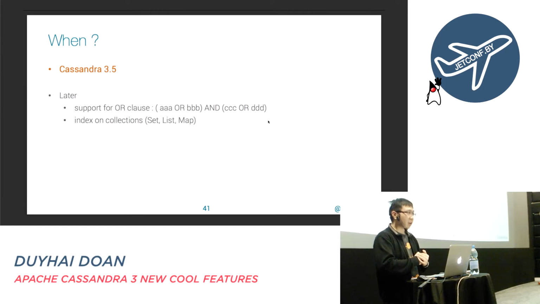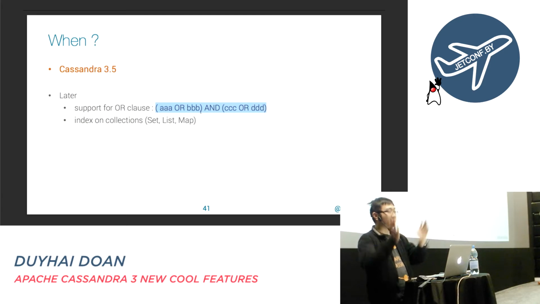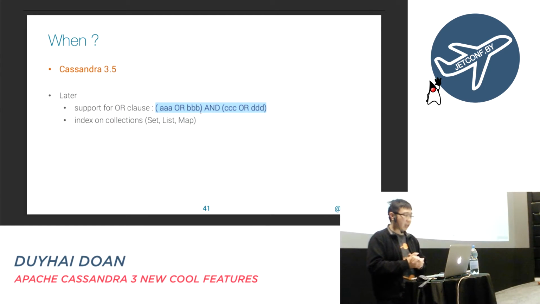Later, they will improve the index to support OR clause. It means that in the future you will be able to query with expressions like this, with OR and grouping and so on. And they will introduce also index on collection, set, list, and map.